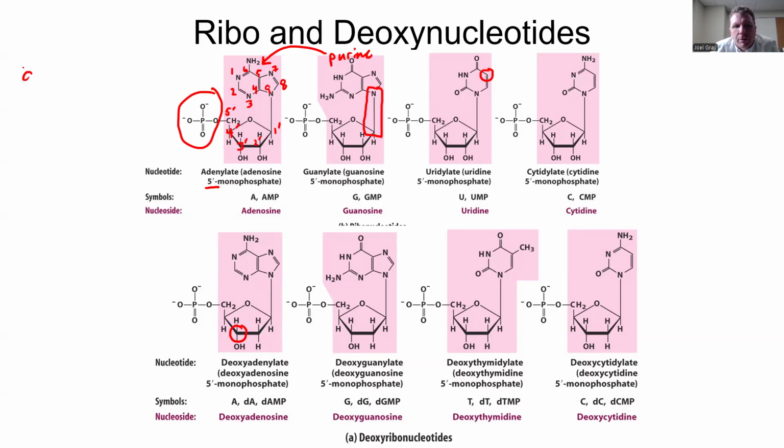So which atom numbers connect a purine to a ribose? Got to vote for 9 and 1 prime. Perfect. Fantastic.